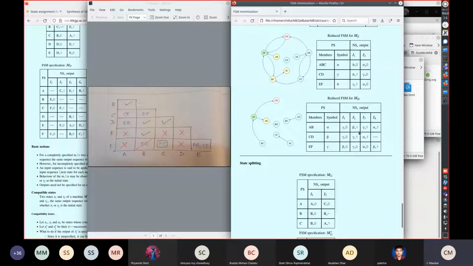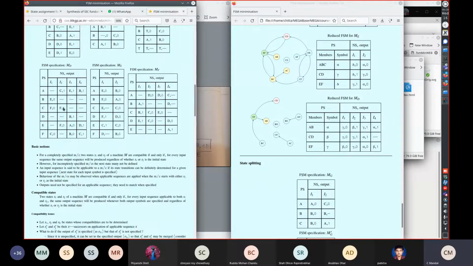After that, can you construct this reduced FSM for MD? You have to refer to the original table, and you're calling it alpha, right?